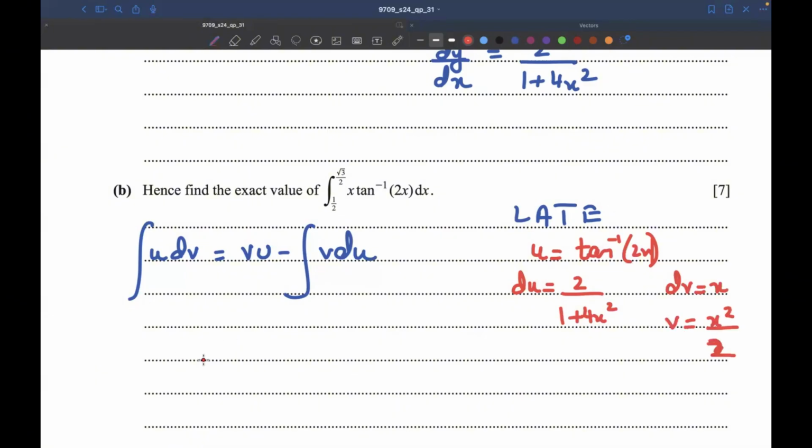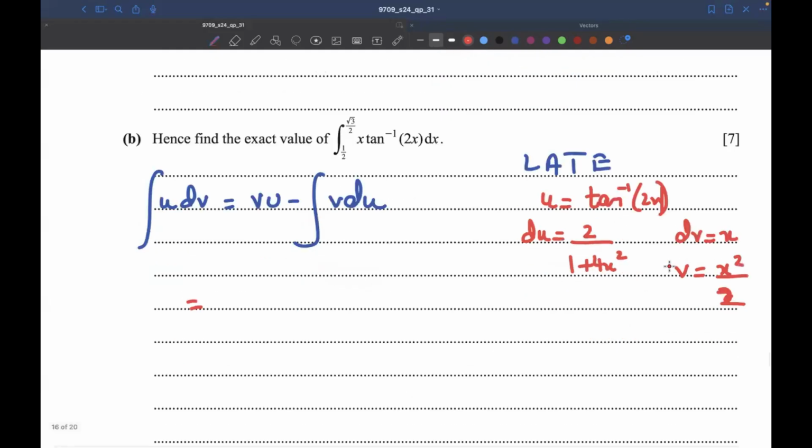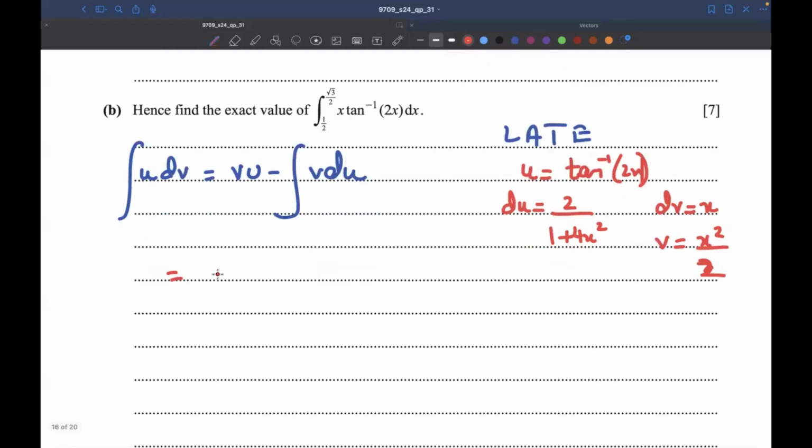Now, applying this in the formula, vu will become x squared upon 2 tan inverse of 2x minus v, which is x squared upon 2, multiplied by du, which is 2 upon 1 plus 4x squared dx.